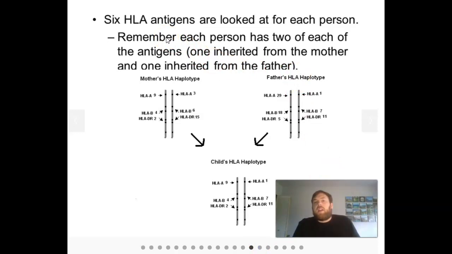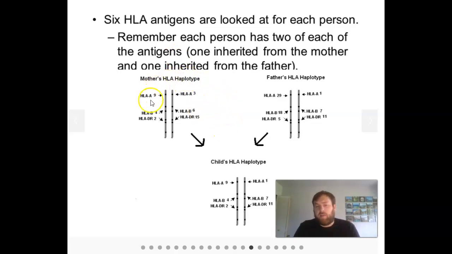So 6 HLA antigens are looked at for each person being considered for donor and the recipient themselves. Remember that each person has 2 of each of these antigens, one inherited from the mother and one inherited from the father.